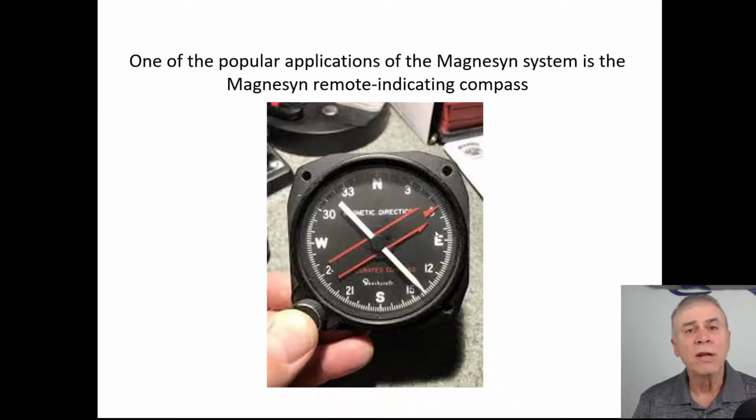That way the instrument that you're looking at in the instrument panel doesn't have to lay flat. The transmitter is laying flat, and so it's going to give you a more accurate reading than if you try to take your compass and look at it vertically.